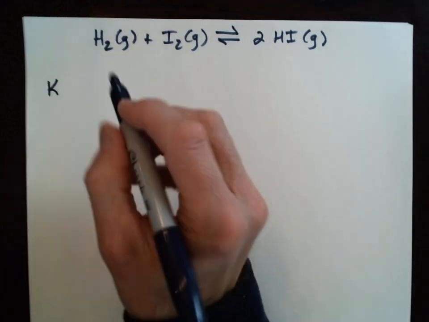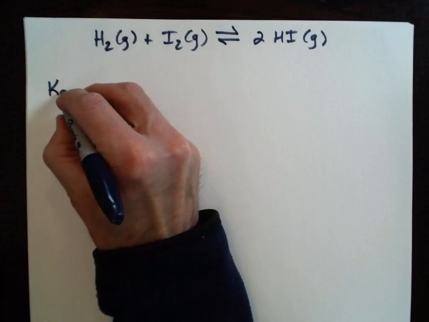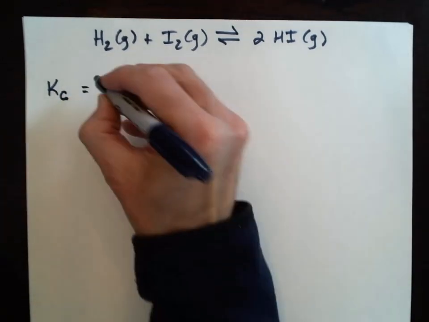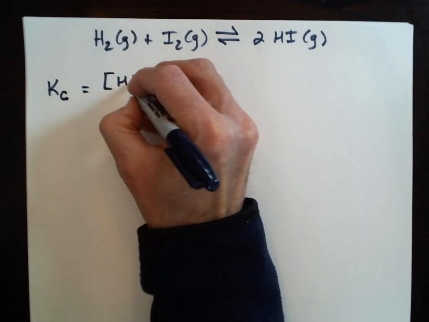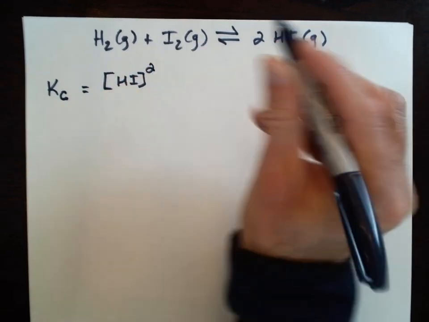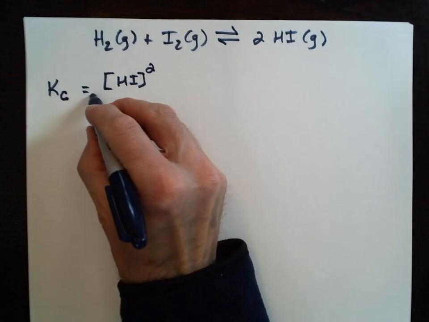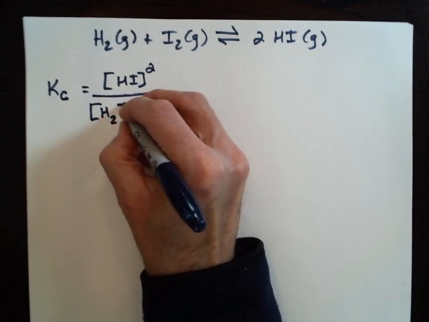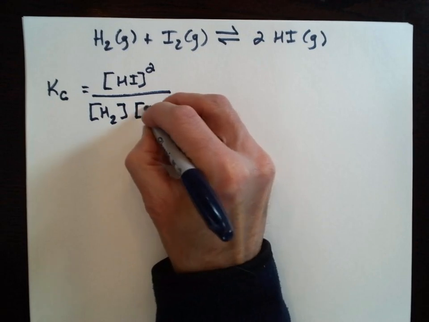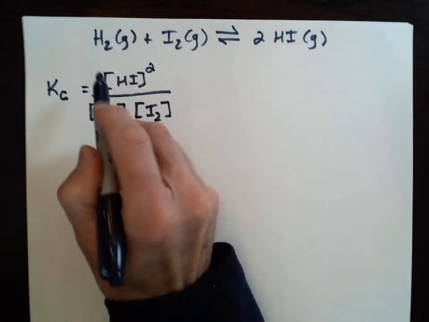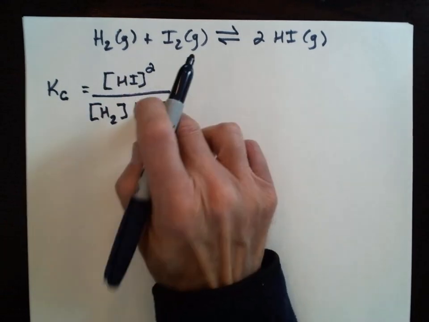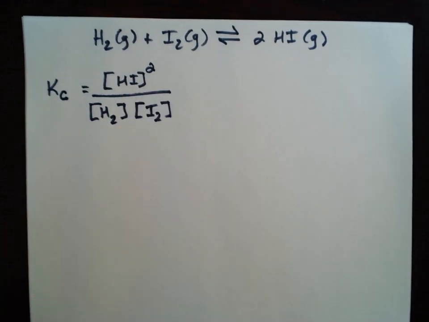The equilibrium constant, if we use concentrations, so I'm going to write Kc, would be the concentration of my product squared divided by the concentration of hydrogen gas and also divided by the concentration of iodine. Notice there's no stoichiometric coefficients here, so these are just both to the first power.